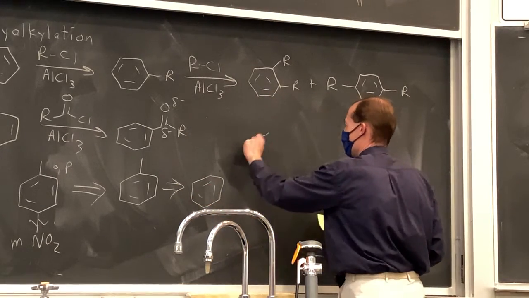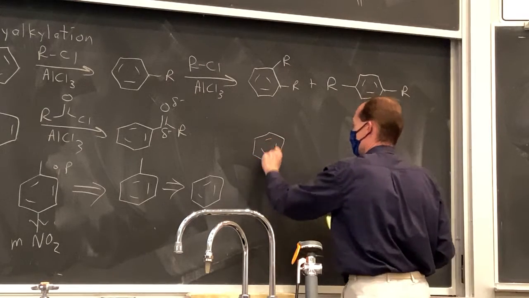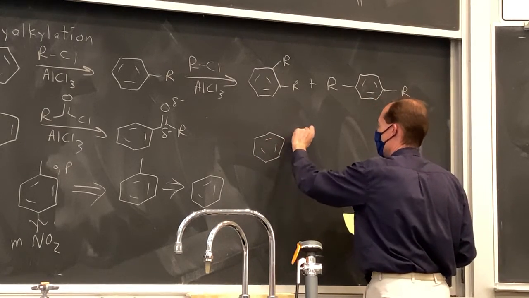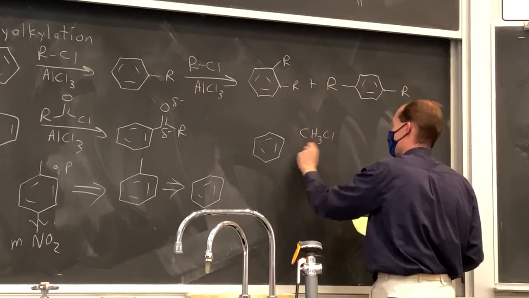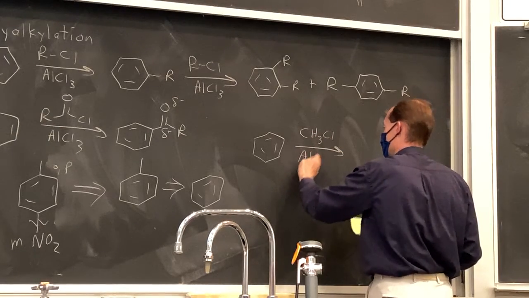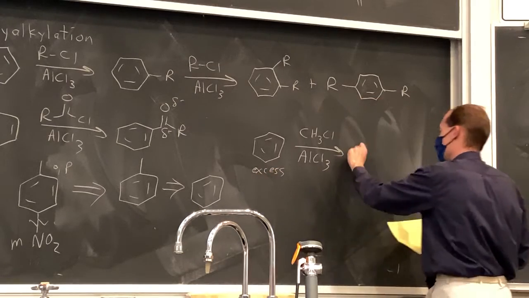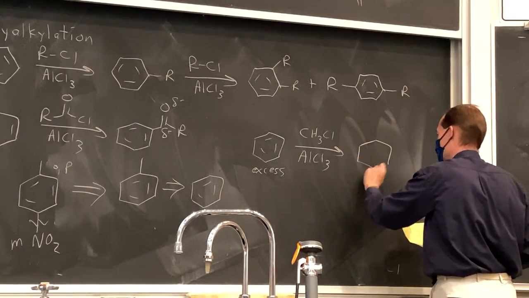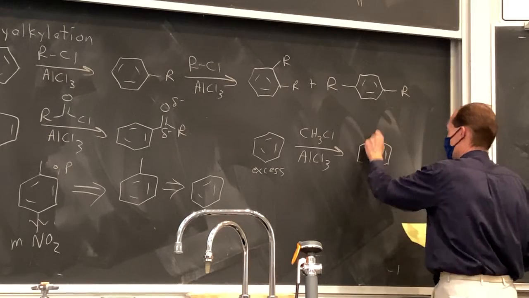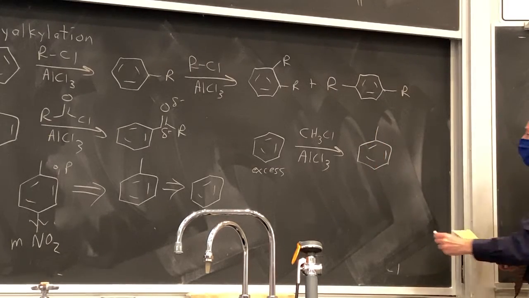And then in our synthetic direction, we would do a Friedel-Crafts reaction. Of course, we'd have to use excess of our benzene to make sure that we got a mono-alkylated material.